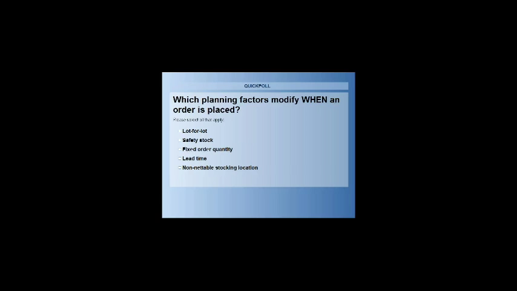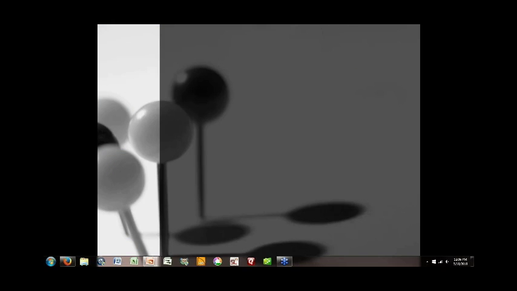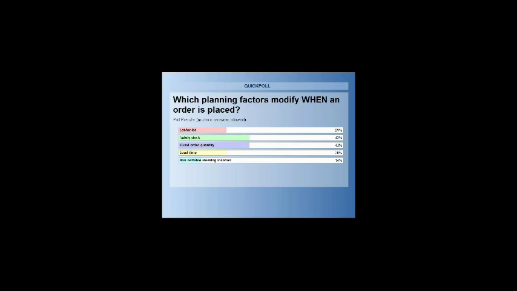All right, closing the poll. So let's see what people had to say. 43% tied at safety stock and fixed order quantity, 29% lot for lot and lead time, and 14% at non-nettable stocking location.